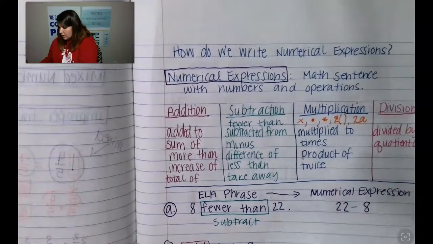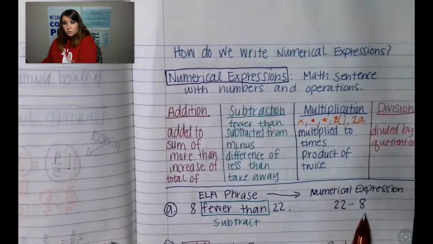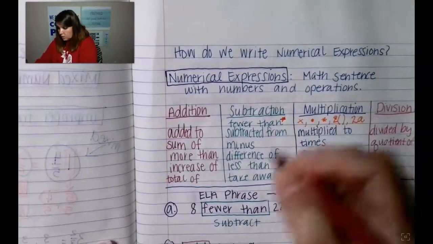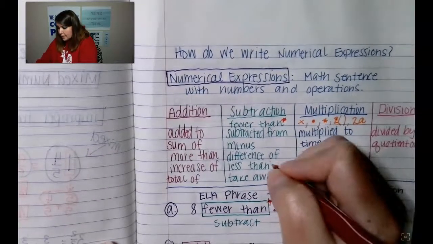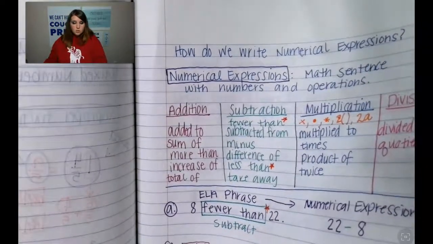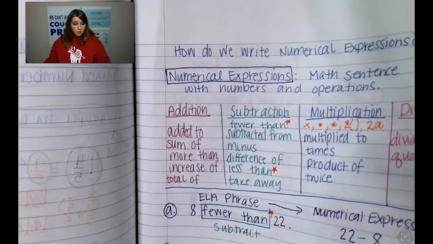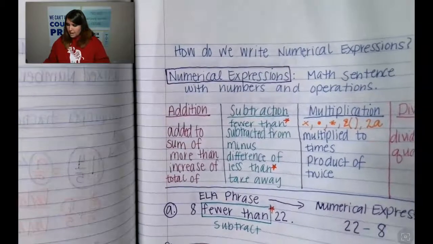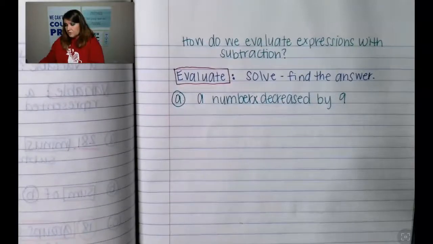When we do fewer than, it switches around. Less than was also one of the ones that does some switching, so we have to be careful with that. I don't think decreased is. Decreased is one we can leave just as is.